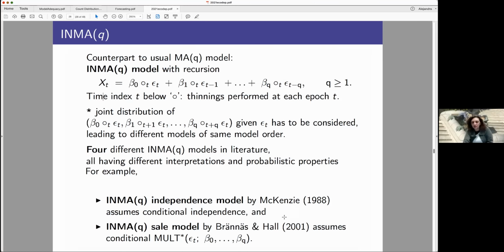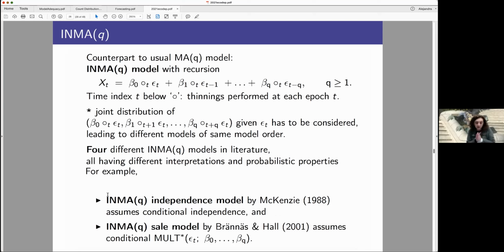This is a model by Ristić and Peter Hall. In the case of conditionally independent thinnings, Poisson innovations lead to Poisson observations, for instance.